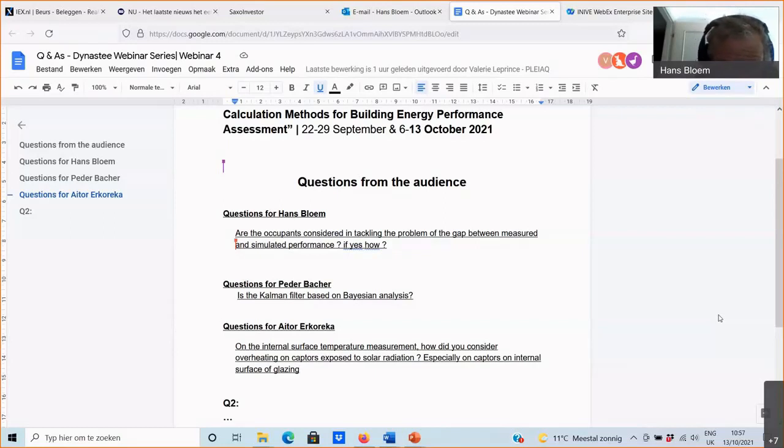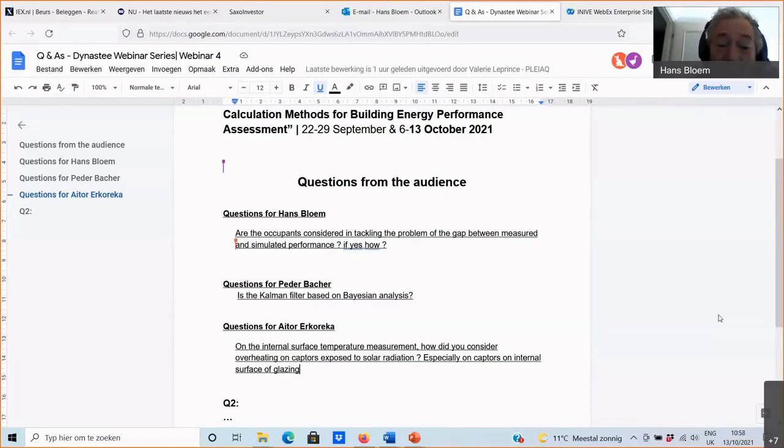If you consider the simulated part, of course you can model the occupant's behavior, and there are several ways to do that. Some of these modeling works are presented. We have been dealing with that in other projects as well.